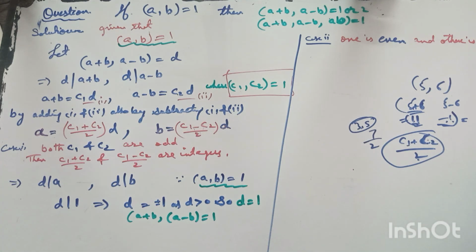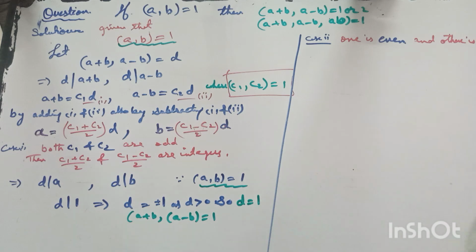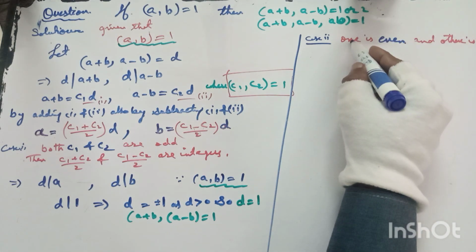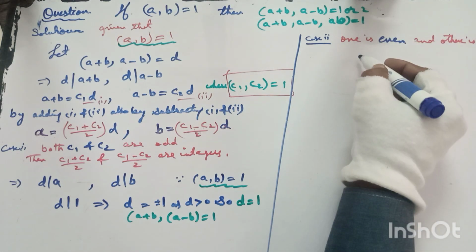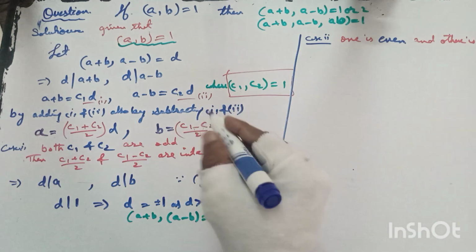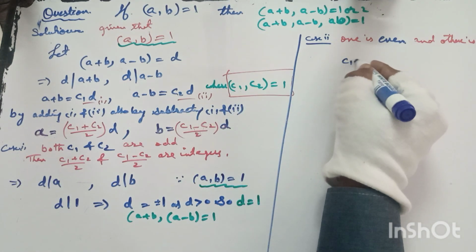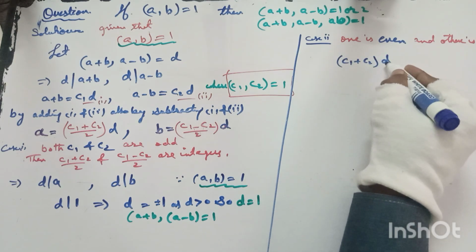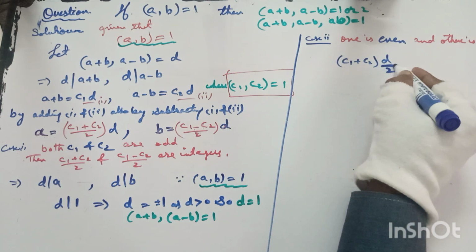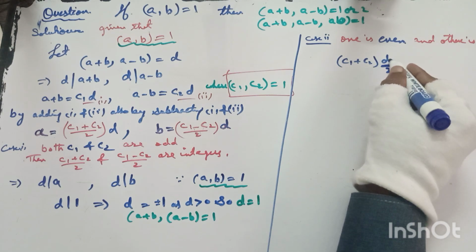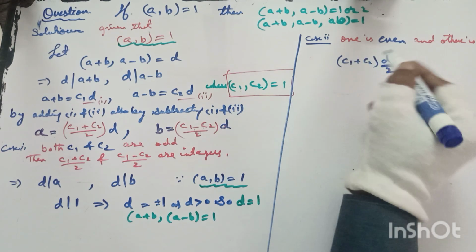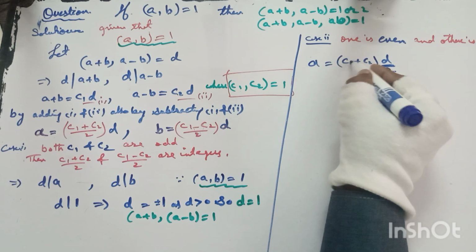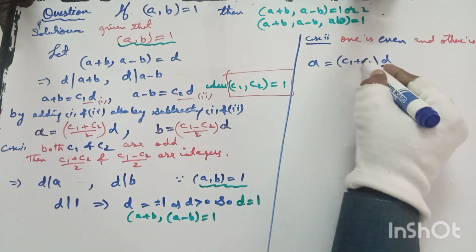So what is our conclusion? If one of C1 and C2 is even and the other is odd, then this must be even, because these are two factors.